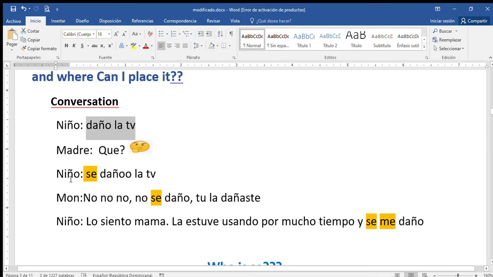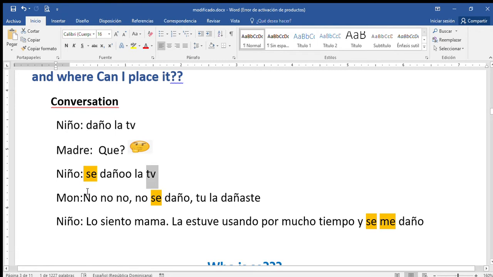Now the boy says, "se dañó la TV." When he says "se dañó la TV," he's basically saying that the TV was damaged by itself.